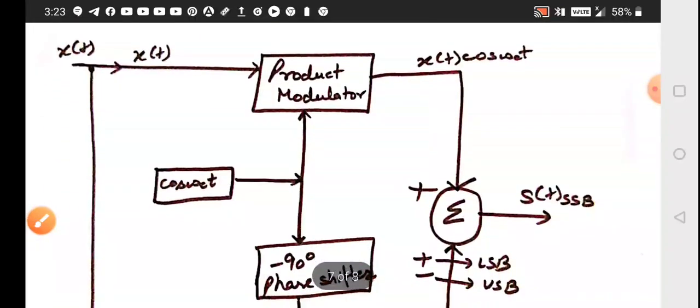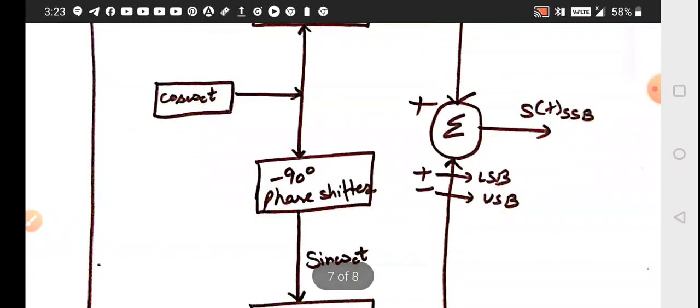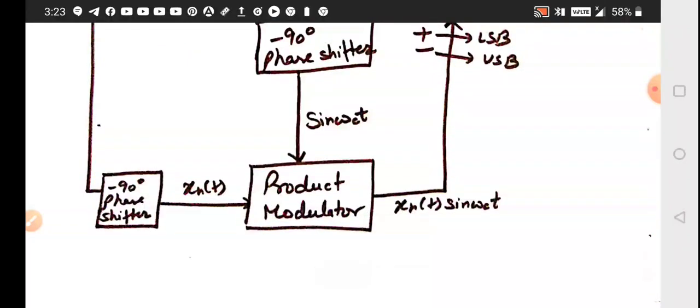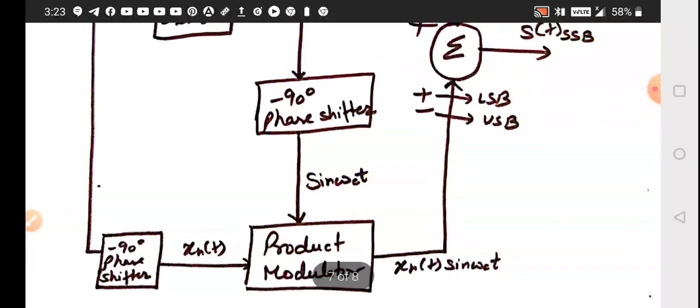Moving to the block diagram. First, x(t) and cos omega c t pass through a product modulator and we get x(t) cos omega c t. Then x(t) is given a minus 90 degree phase shift, and we get the Hilbert transform.